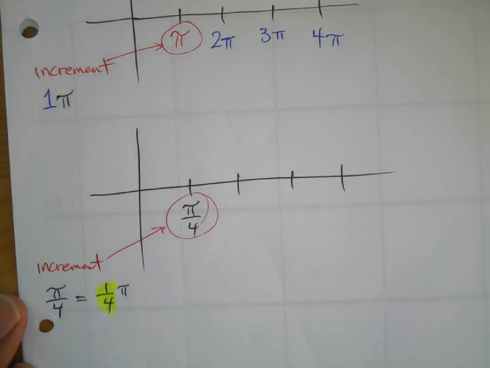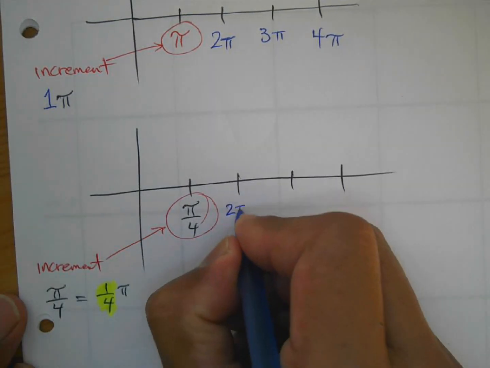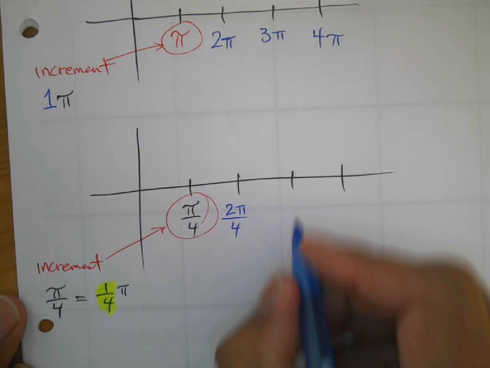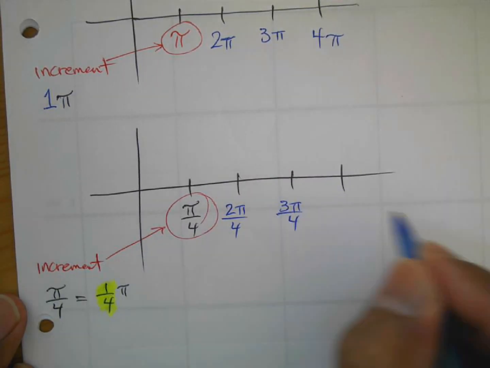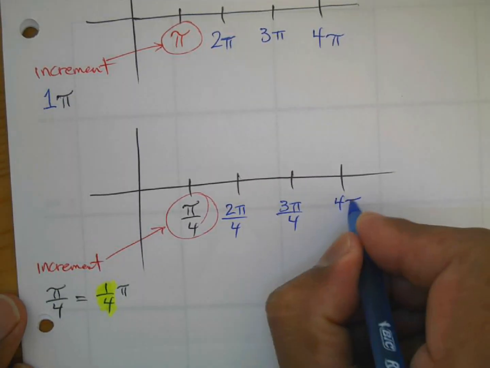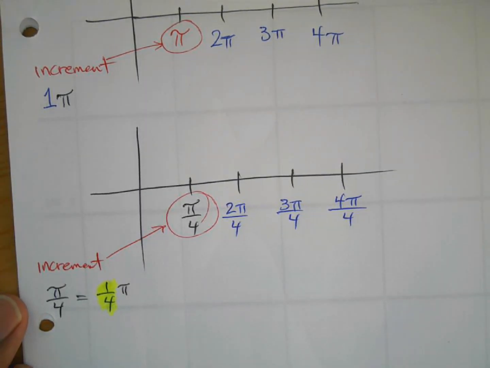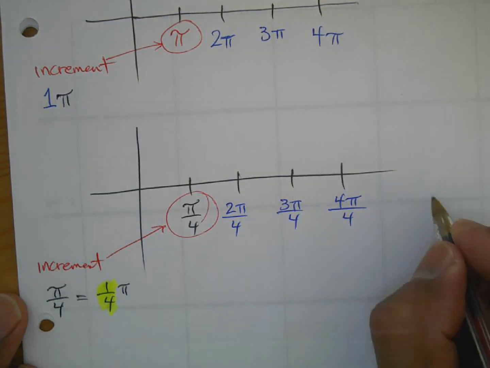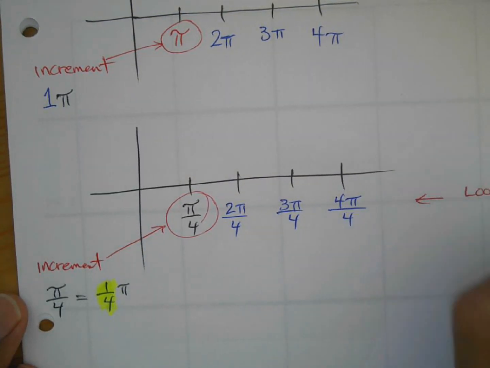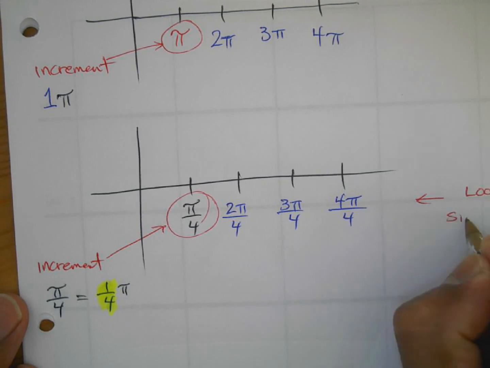The next one would be what? 2 pi over 4. The next one would be 3 pi over 4. The next one would be 4 pi over 4. And then again, when you have fractions, you better look to reduce or simplify.